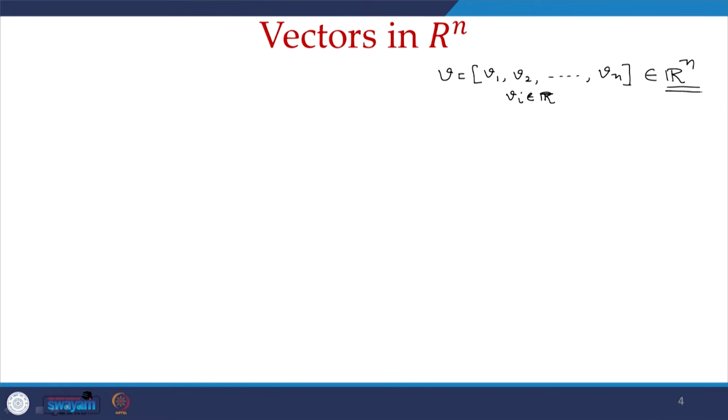We will learn the concept of vector space more formally in the third lecture. We can represent it by a one dimensional array, which can be a row, or I can write it in the form of a column also. Again it belongs to Rn. Here each v1, v2, vn is a real number.